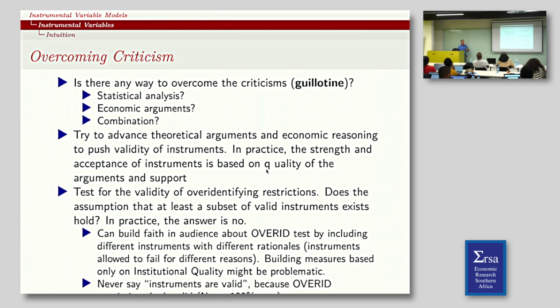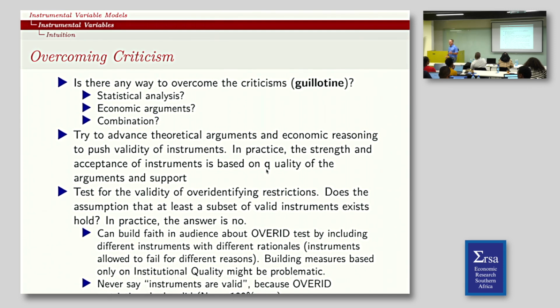If, on the other hand, you have multiple instruments, this is the one place where Arellano-Bond is kind of nice, because you have plausibly large sets of instruments. You can test for over-identification. The idea is basically that if I have two instruments and they both give me the same result, then I can say, okay, cool, I've got a plausible story here.